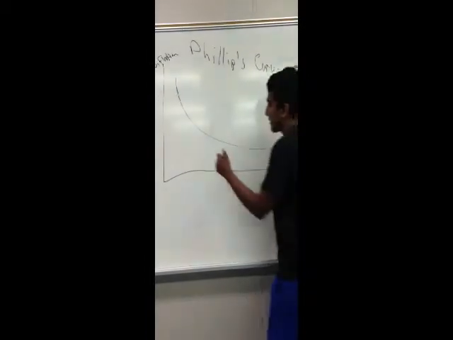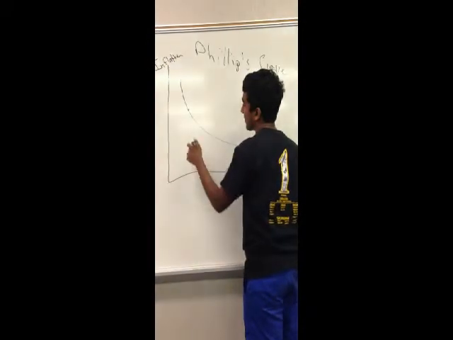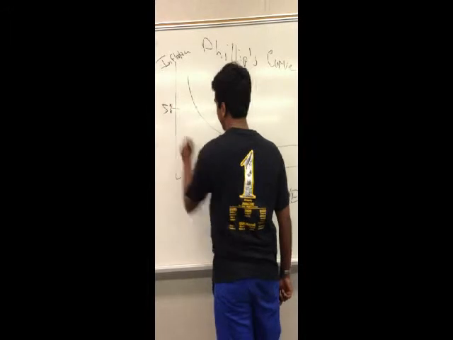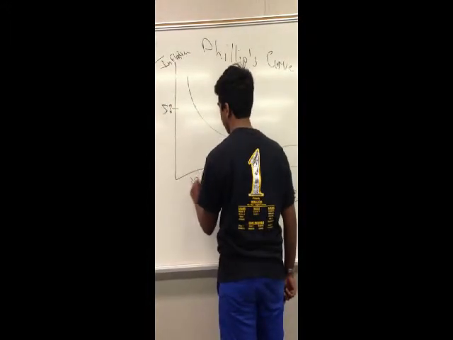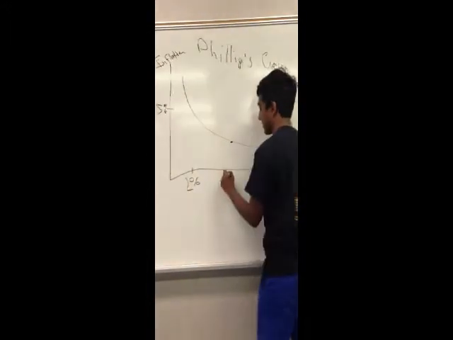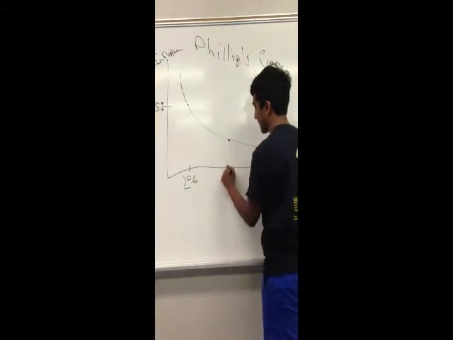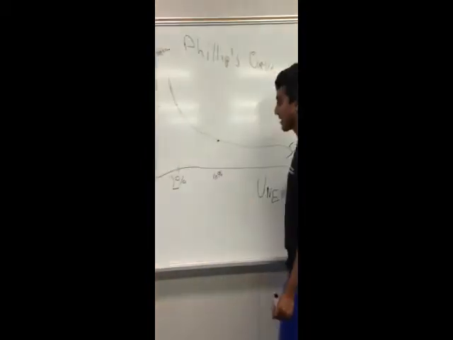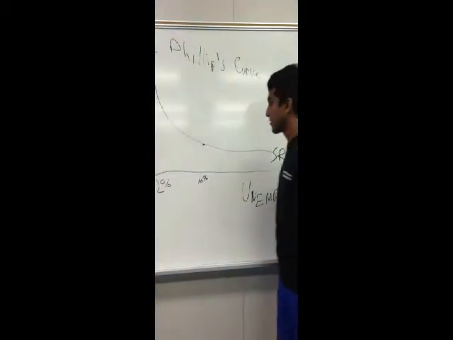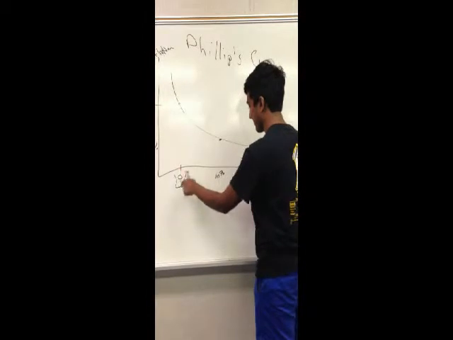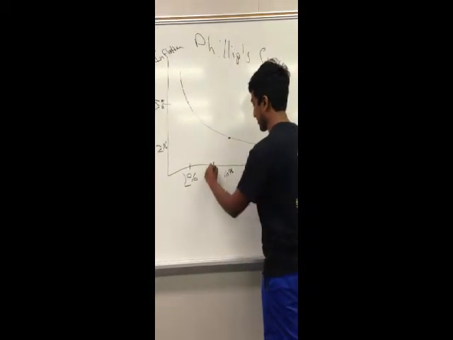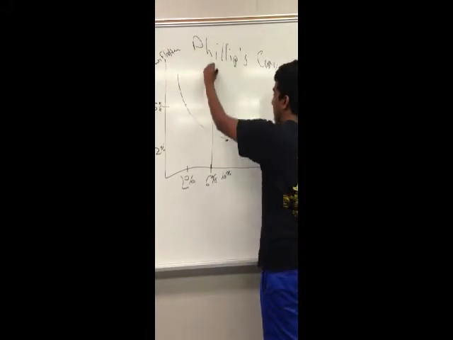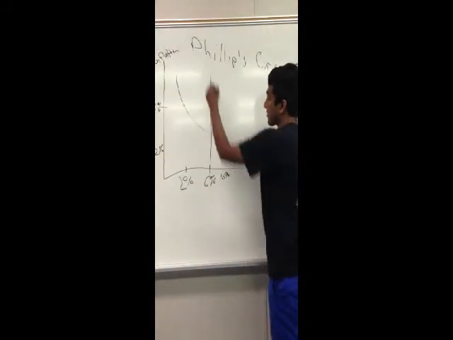So from this point, there would be, say, 5% inflation and 2% unemployment. But here, there would be more unemployment and less inflation. And then, if the natural rate of unemployment was, let's say, 6%, then the long run Phillips curve would be a straight line at 6% unemployment.